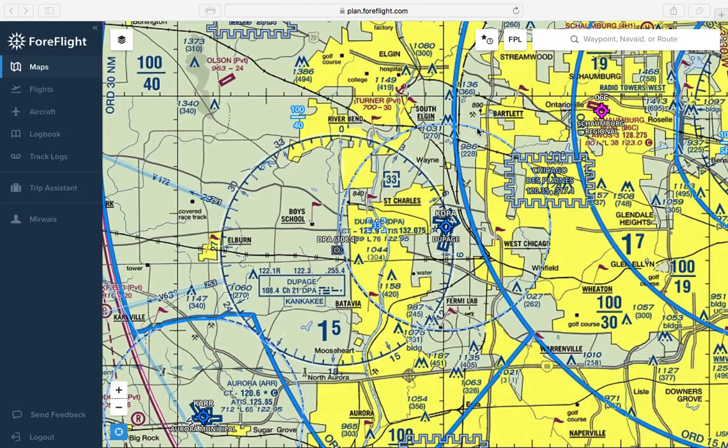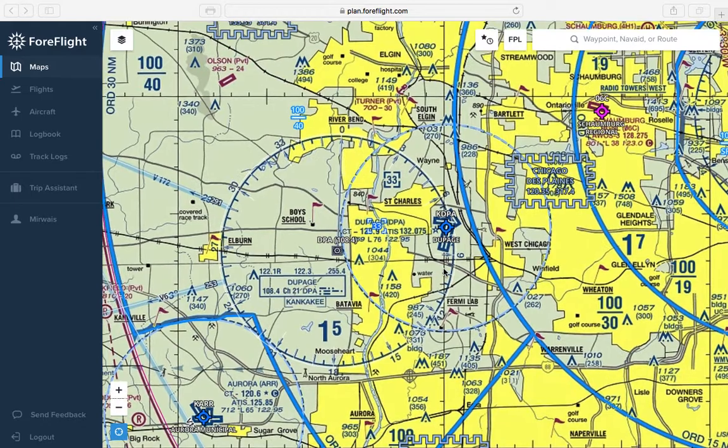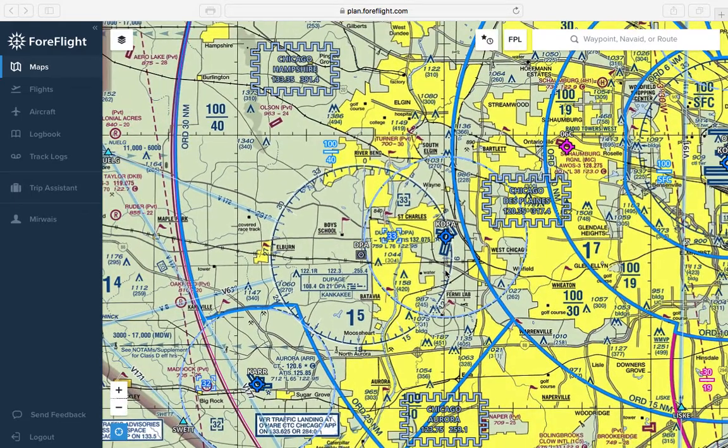Pretty much the airspeed within 4 nautical miles of the airport, you should be about 200 knots. Your airspeed should be no more than 200 knots. So we talked about cloud clearances and your airspeed in Delta airspace.